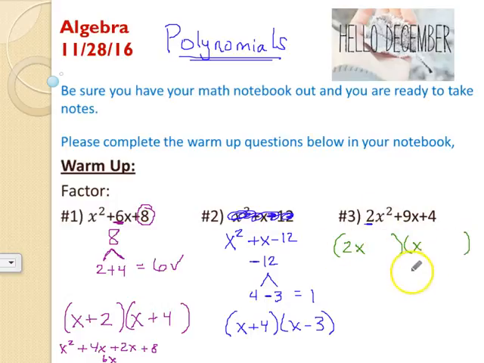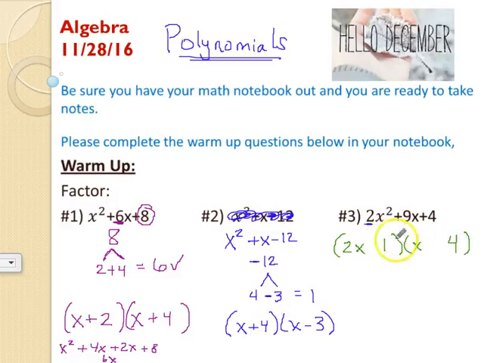And then I've got to see what needs to go in our parentheses. I know that eventually I have to get 9 as our middle term and then 4. So how about factors of 4, so 1 and 4.